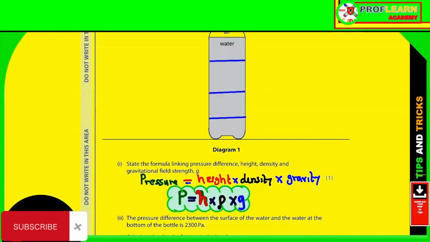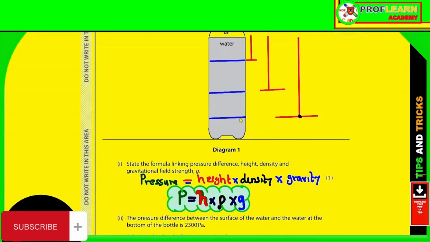The reason is that the pressure we are experiencing at this level is due to this liquid column, and the pressure at this level is due to the liquid column above it. Lastly, the pressure at this level is due to the liquid column supporting it. You can now see that this has the largest liquid column, so the pressure at this level is greatest.